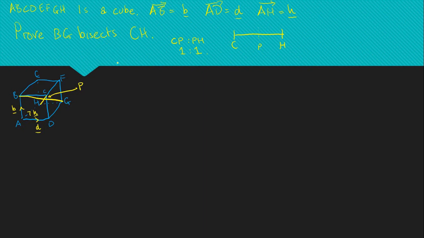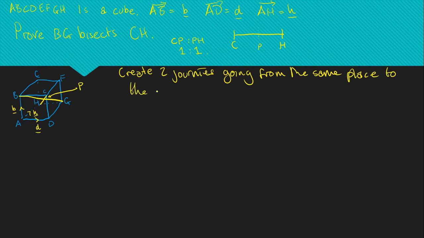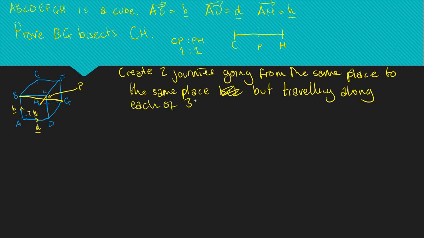Okay, now the way to do this is to try to create, this is the rule, two journeys going from the same start to the same place, but travelling along each of BG and CH.